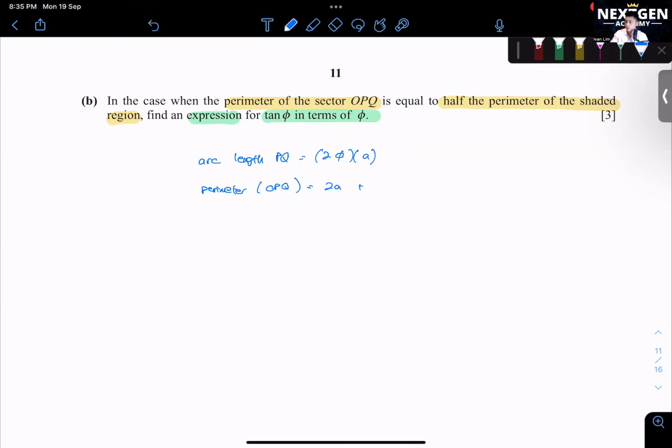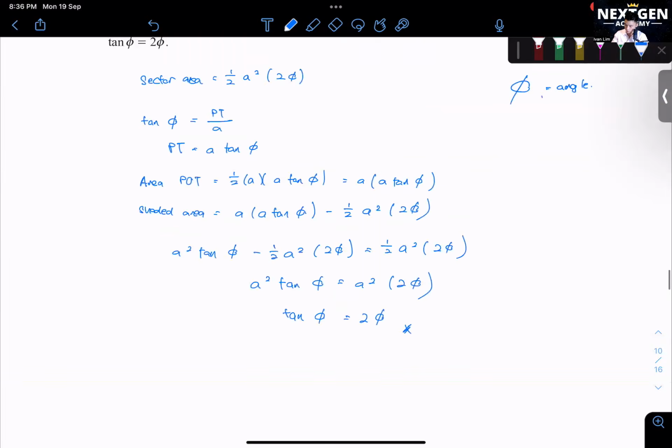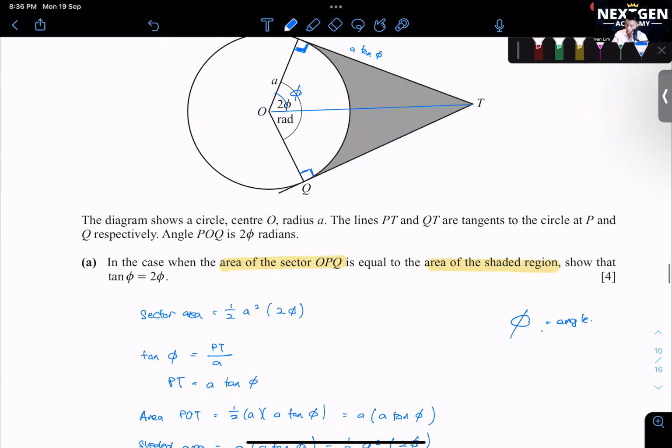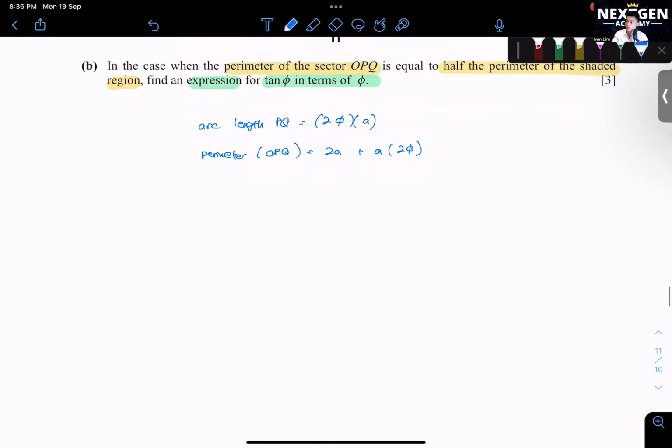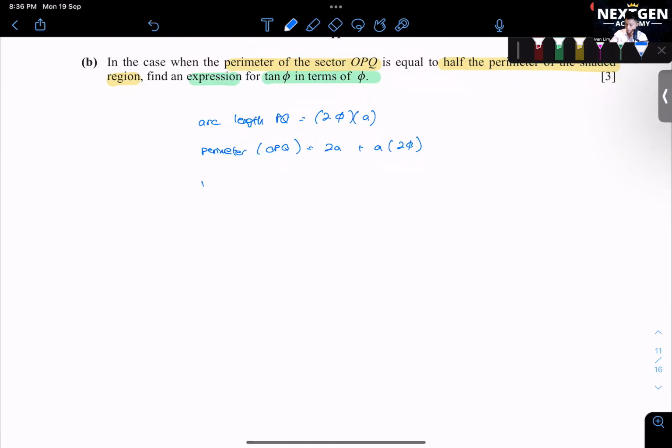The perimeter of the shaded area will be 2A tan phi plus 2A phi.